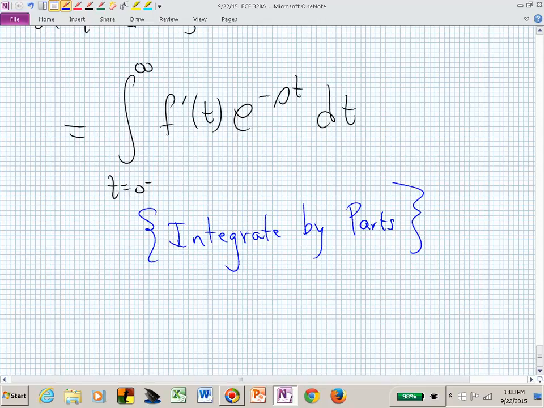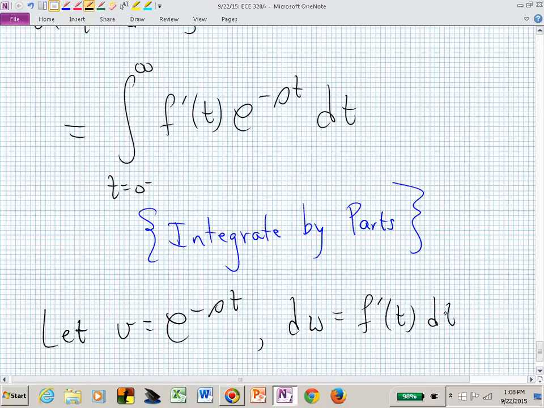Let's now remind ourselves how we do that. Now we need to identify V and dW, for example. Suppose we let V be e to the minus st. Then dW is going to be what is left in the integrand of that integral, and that's now f prime of t dt.